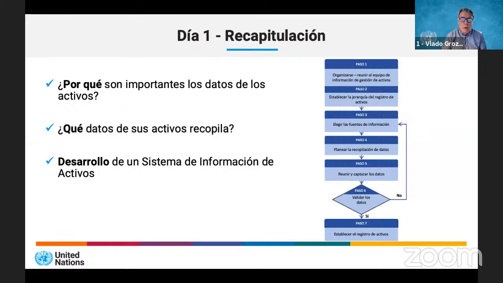Next step, we saw how to collect and select the data sources. From where? From various sources, from the AutoCAD drawings, from the history of the maintenance, or other documents you have in your organization or municipality. Then, a very important step is how to plan the data collection. That should be a written plan: who, when, what, and how we have to collect our data.